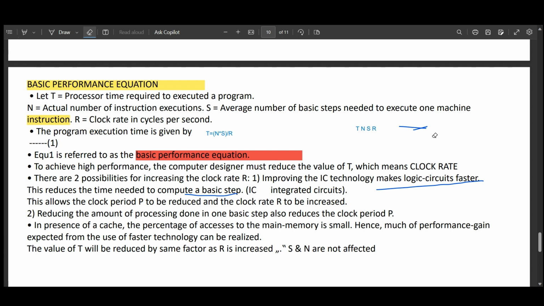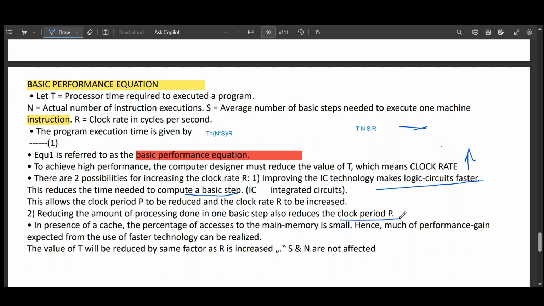More time is spent there, and obviously my performance goes down, right? So if I divide the program into instructions faster, the clock period will reduce. As I told, the clock period P and clock rate R are inversely proportional. If P is reduced, R will be increased. Our main motive is to increase the clock rate.